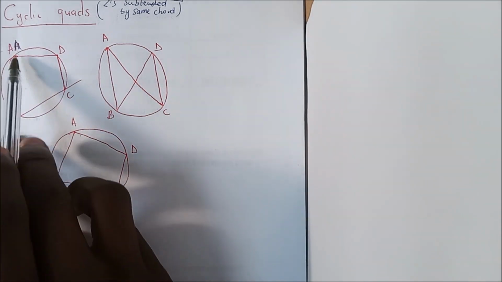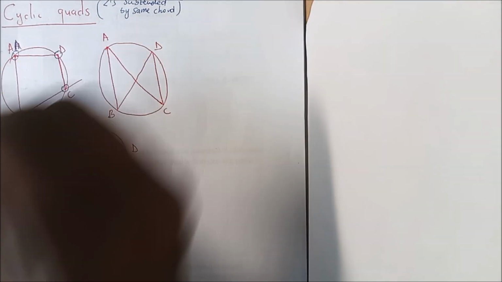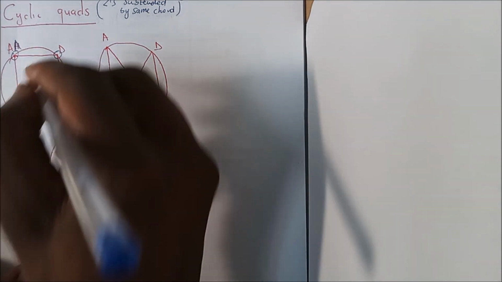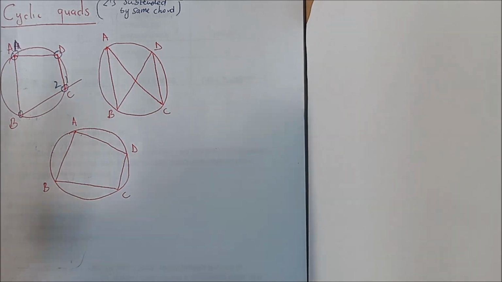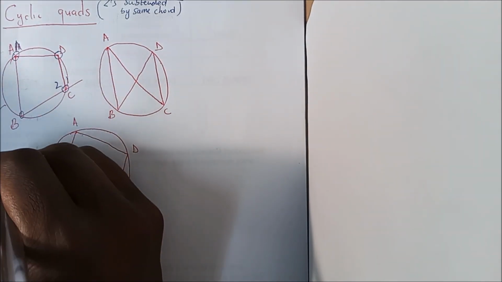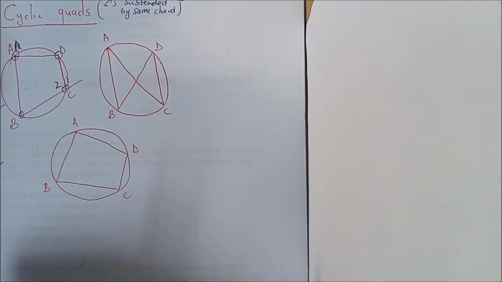So if you look at point A, point B, let's highlight them: A, B, C, D. All of them are on the cyclic quad. So now, if they are on the cyclic quad, what we know is the one that is outside is equal to the one that is inside, but they must be vertically opposite.